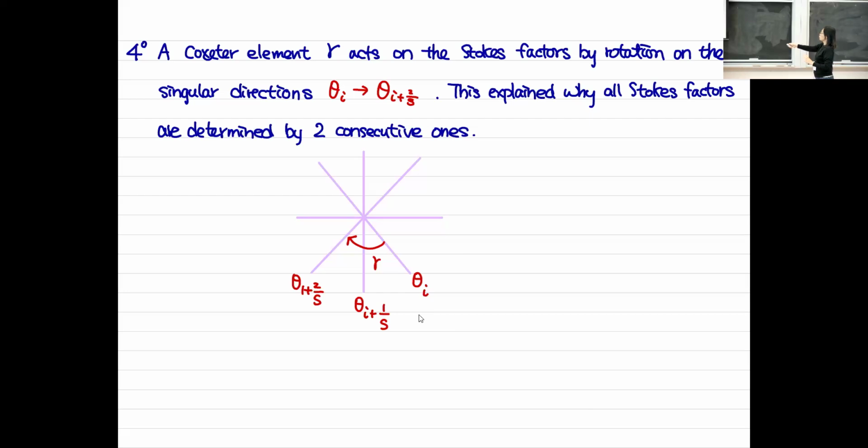Theta I goes to theta I plus 2 over s, and theta I plus 1 over s jumps to theta I plus 3 over s. That gives you the computational reason why you only need 2 consecutive ones, because they generate everything by the Coxeter element.